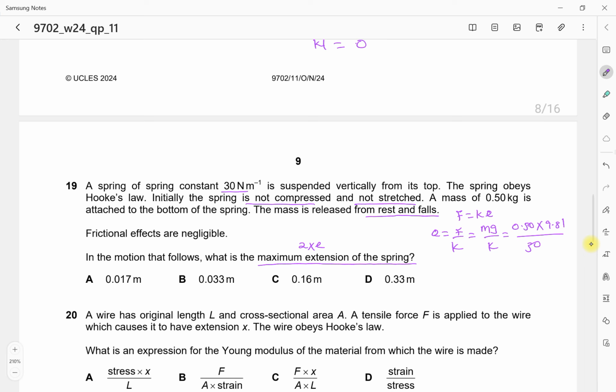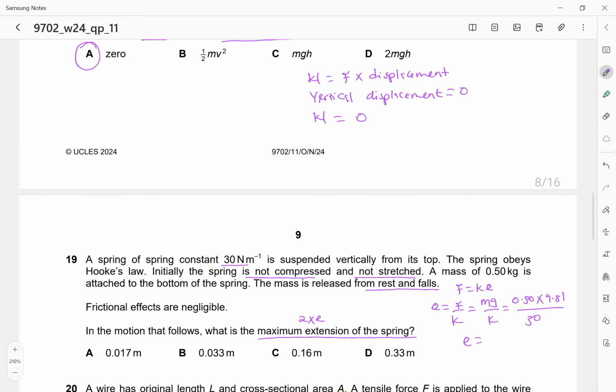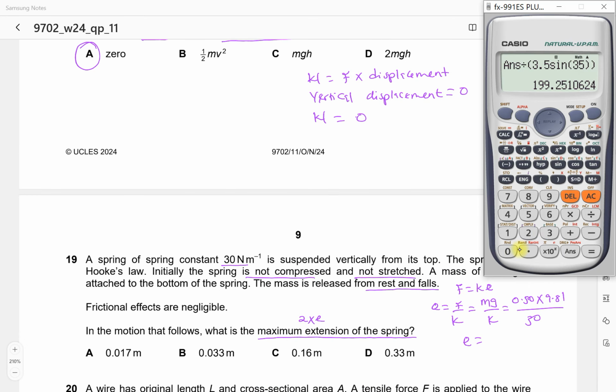So 0.5 times 9.81 divided by 30 is 0.1635. That's the normal extension.